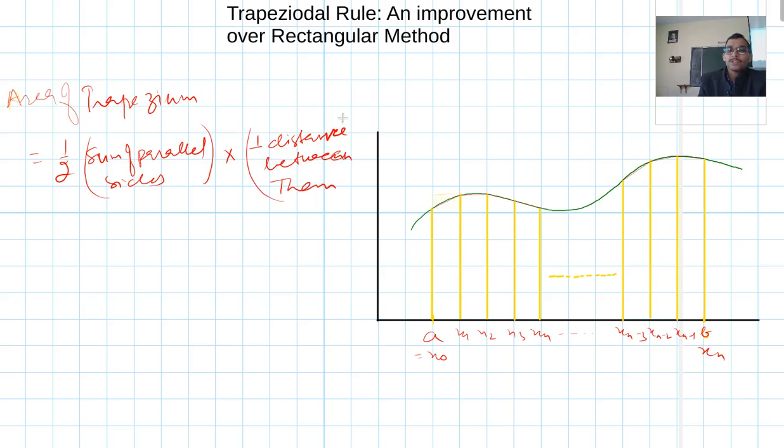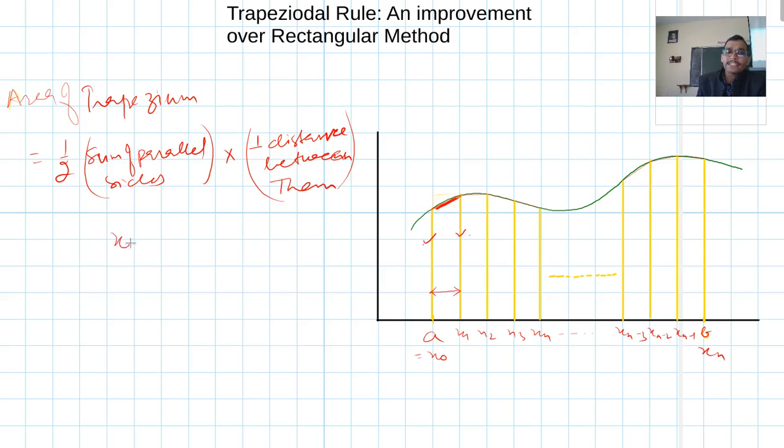So if I am interested in finding the area of this trapezium, it is this plus this, times the perpendicular distance between them.